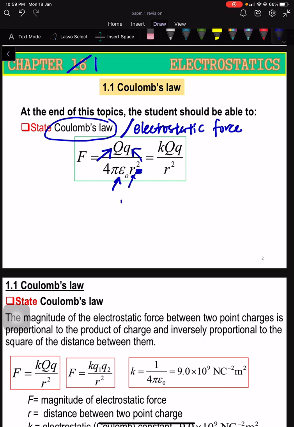In this case, K is the constant value for electrostatic force. K is also equal to 1 over 4 pi epsilon naught.